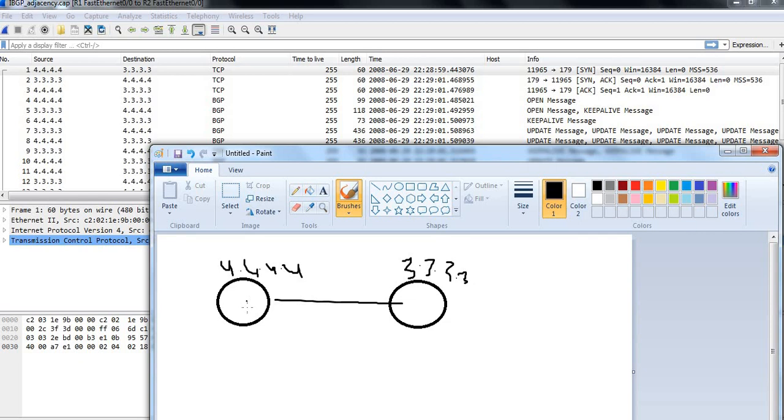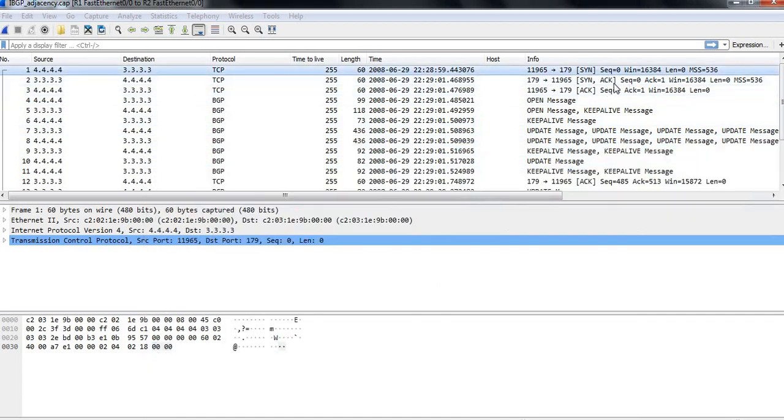So this has started a session by sending a SYN packet. The second router, 3.3.3.3, let's consider this router 2, and this is router 1. Router 2 has sent a SYN plus ACK. You can see the source port number is 179 and the destination is the same port that originated it. So SYN ACK, and then R1 has sent the acknowledge packet. This has completed the three-way handshake.